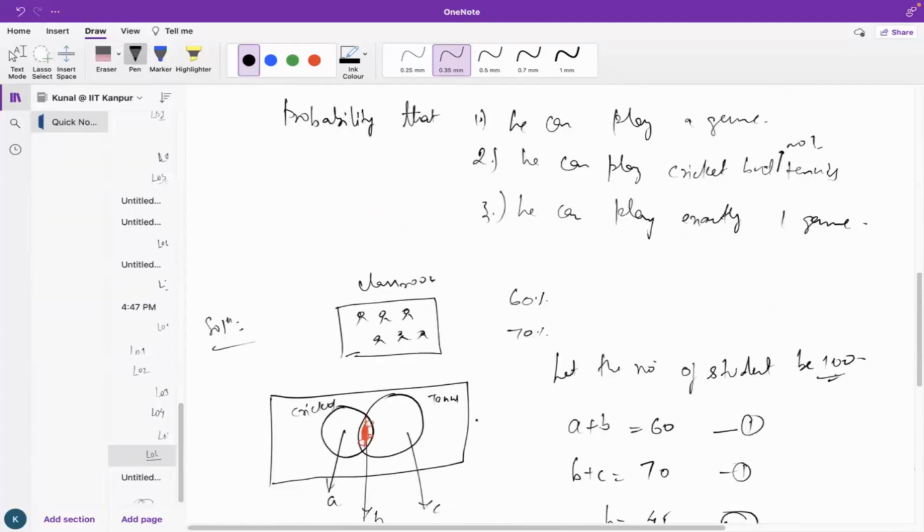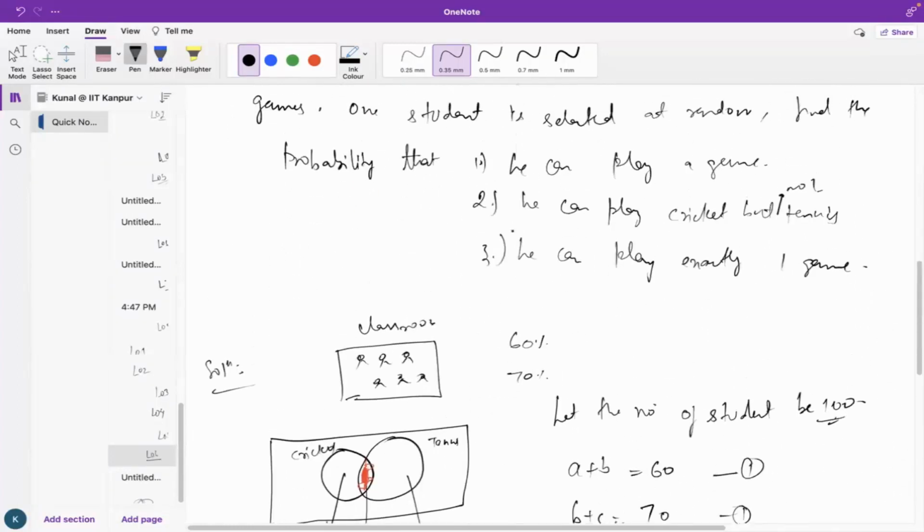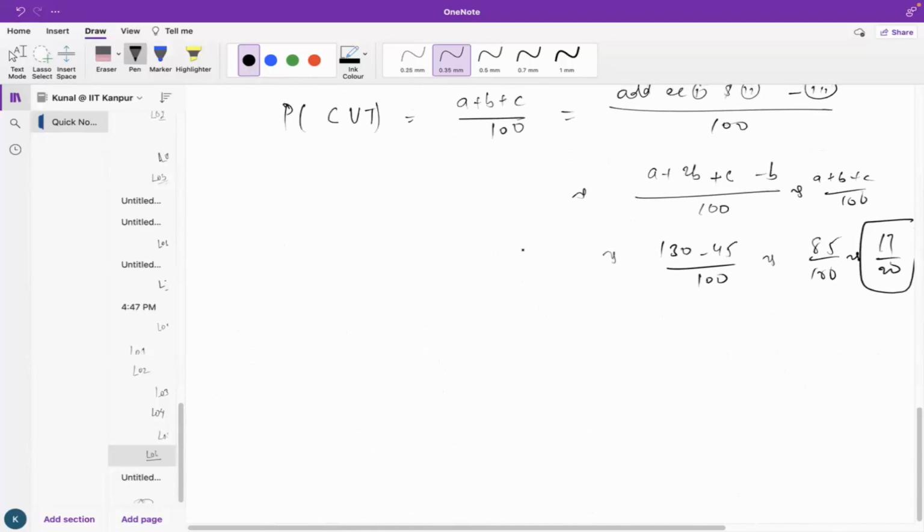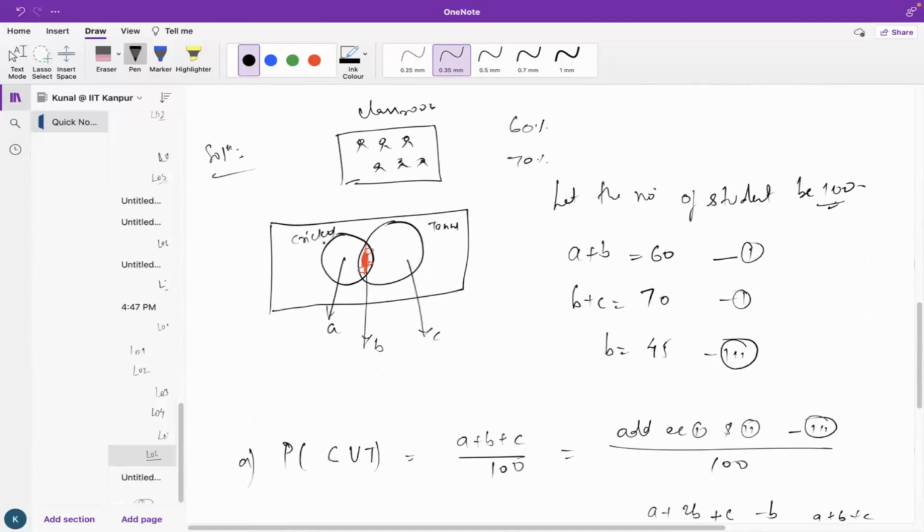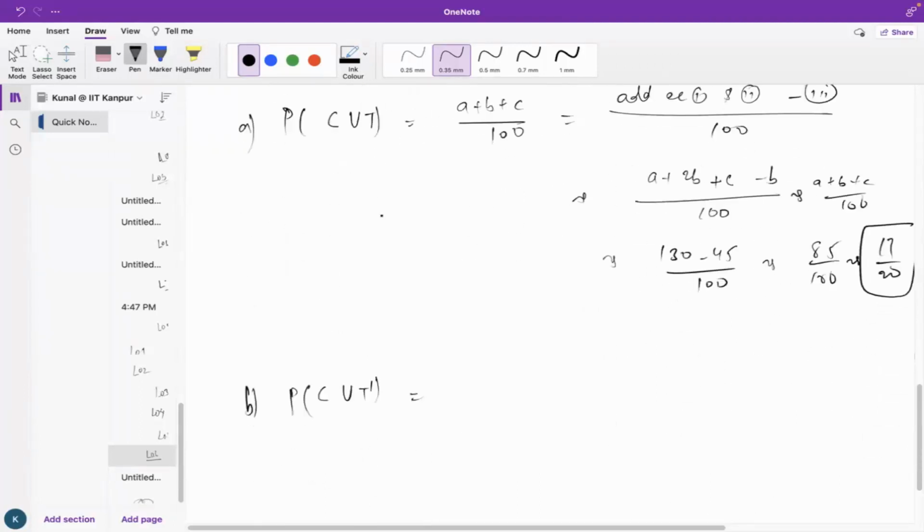And the next thing we have to find, I forgot. Okay, he can play cricket but not tennis. So what I'm trying to say is, he can play cricket, so this is our A part, and the next part is the probability that he can play cricket but not tennis. So which region is that? We have to only find the A region.